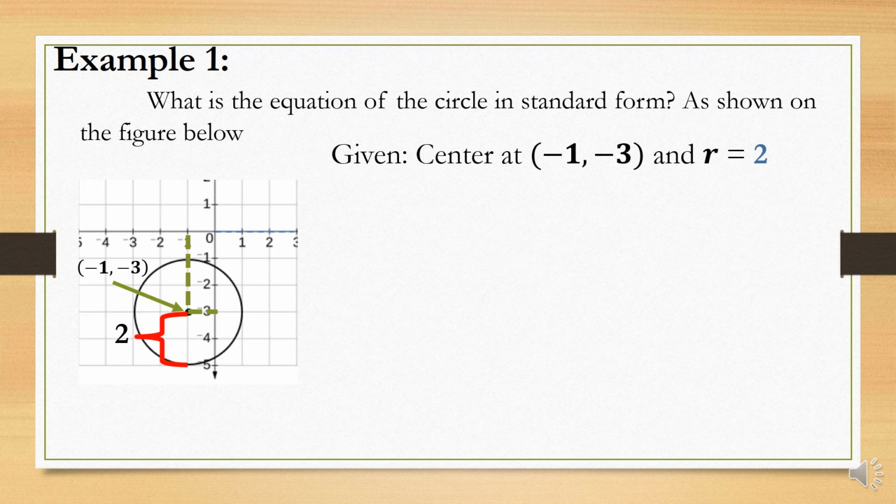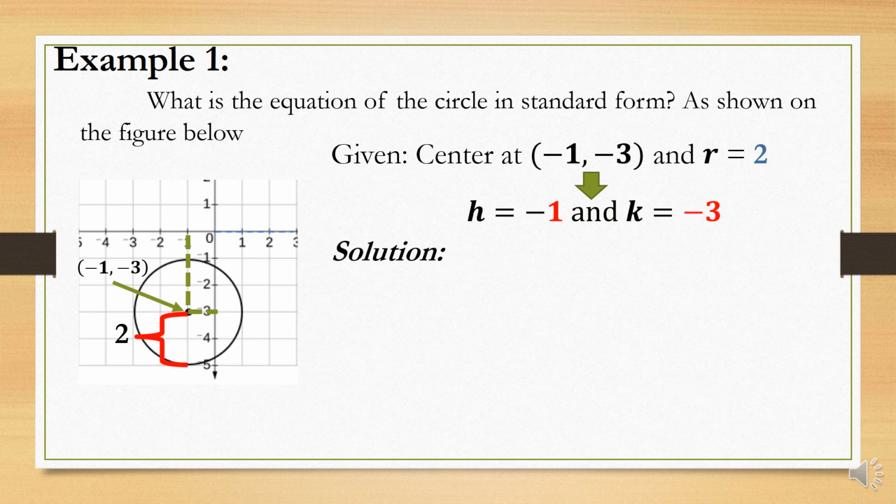Now, using the center of the circle, we will identify the values of h and k. Always remember that h is always the first element of an ordered pair, while k is the second element of your ordered pair. So h is negative 1 and k is negative 3.